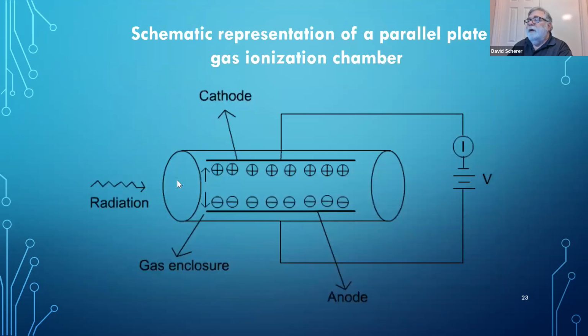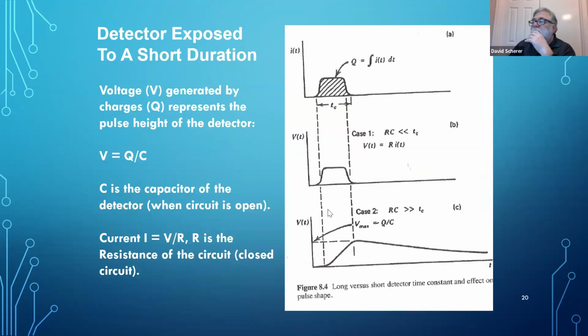So we have ionization that's taking place, and then this is going to be neutralized over time, and as these electrons or ions are neutralized, the charge will drop back to 0. And that's got to do with the design of the system. There's an RC circuit that does that. So it's possible to have a very rapid time constant, where the signal returns to normal very rapidly, or it can have a longer time constant.